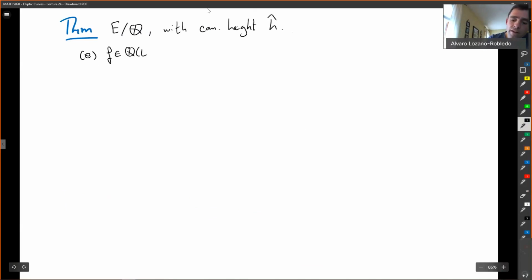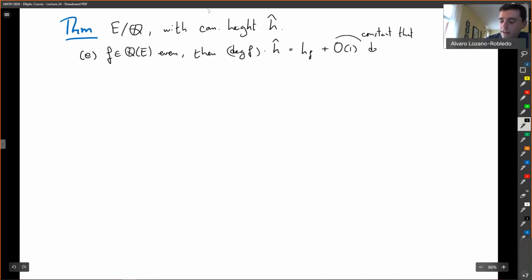If f is even, then the degree of f times h hat is hf plus a constant that depends only on E and f.